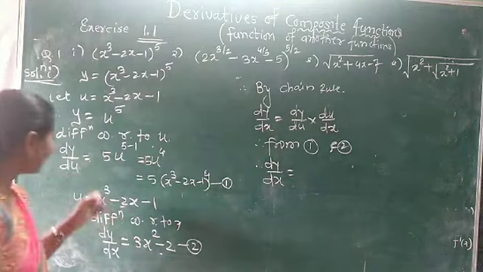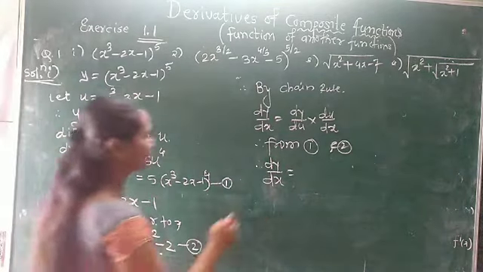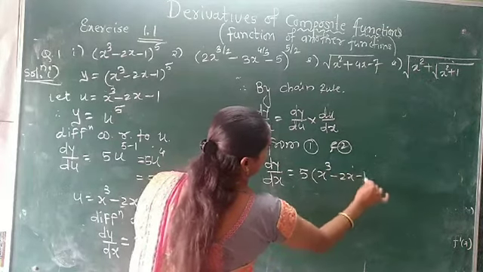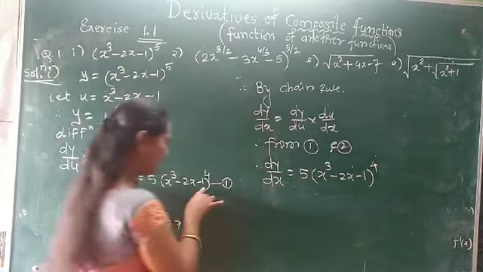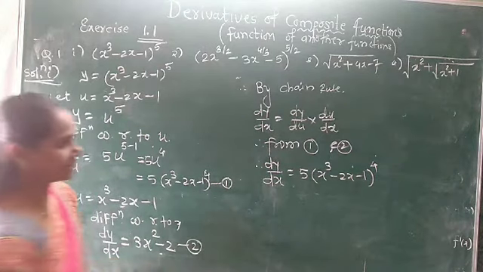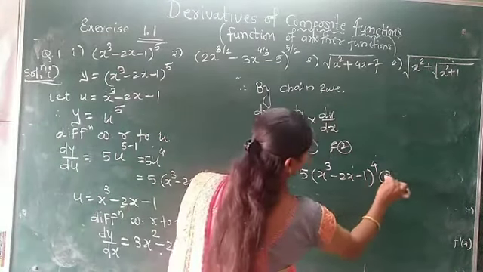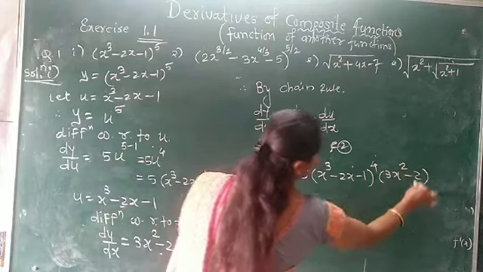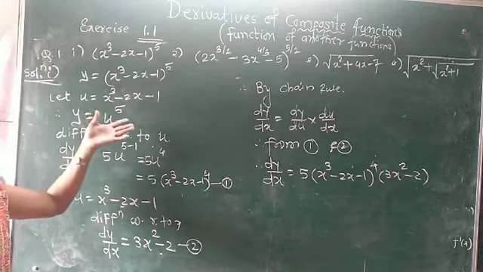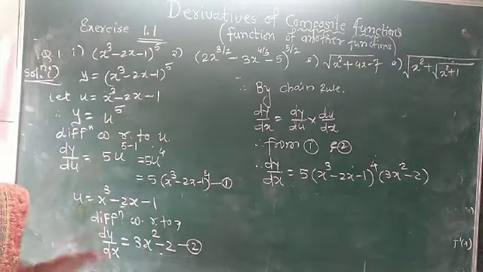Put here the value of dy upon du, that is 5 into (x cube minus 2x minus 1) raised to 4. That is the first equation. And what is second? 3x square minus 2. This is solved by using the composite function theorem or by using the chain rule.